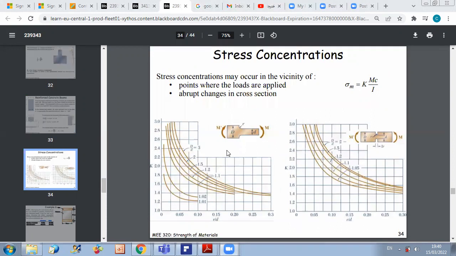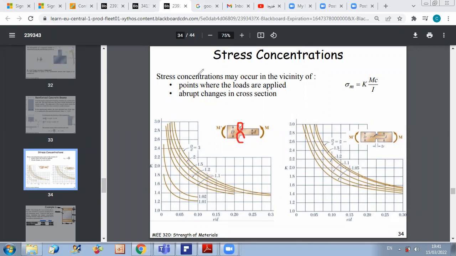So if you have variation in cross section, then you will select the one that is the most critical. For example, if you look at this cross section, you have a sudden change in thickness. Therefore, at this level, you will have what is called stress concentration.